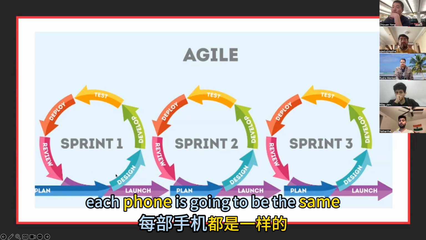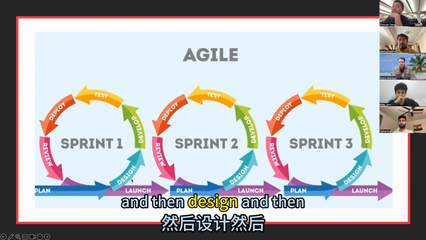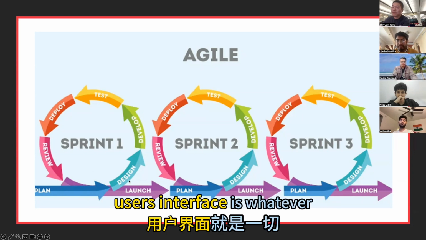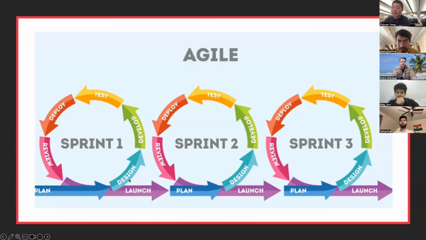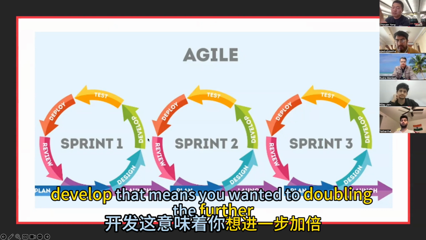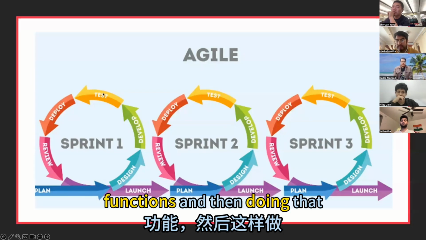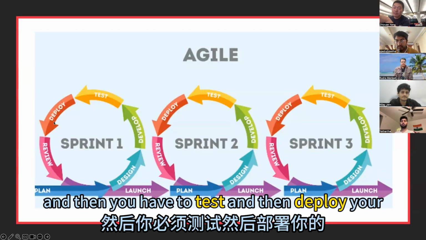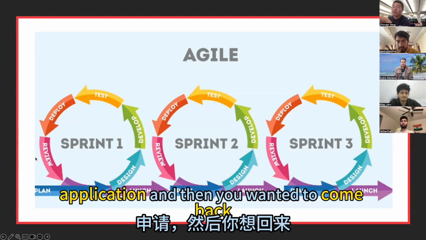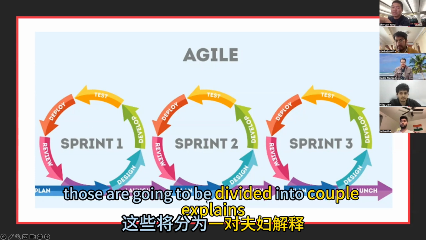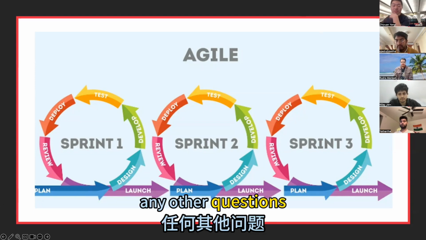Each sprint follows the same process: brainstorm, then design, which covers the user interface and the backend or functionality design, then develop the further functions, then test, and then deploy your application. Then you come back, review, and redo this process again. So it's divided into a couple of sprints. Okay. Any other questions?